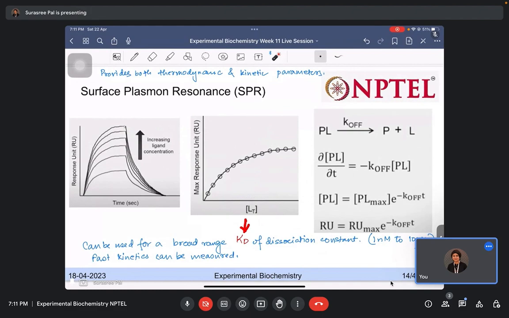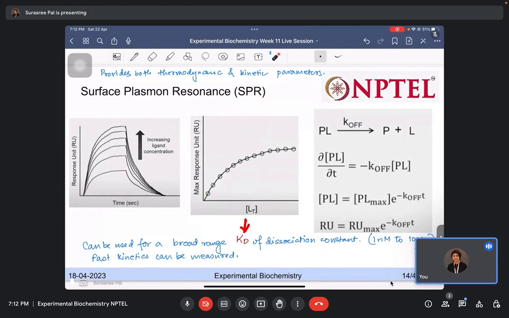So now, how can we determine the kinetic parameters of the experiment? As I told you, when we are passing only buffer through the flow chamber, what will happen? The dissociation will begin. This dissociation occurs because the reaction becomes irreversible.